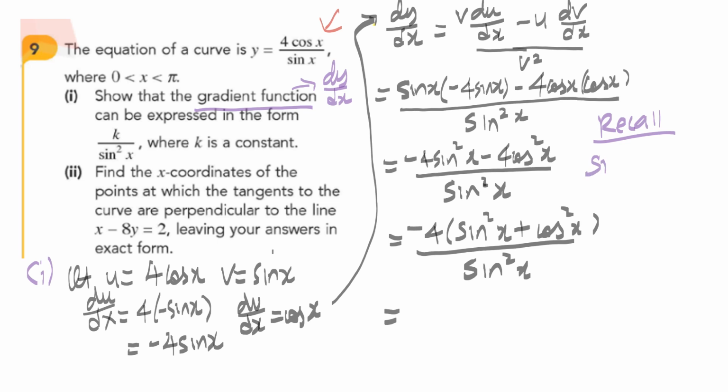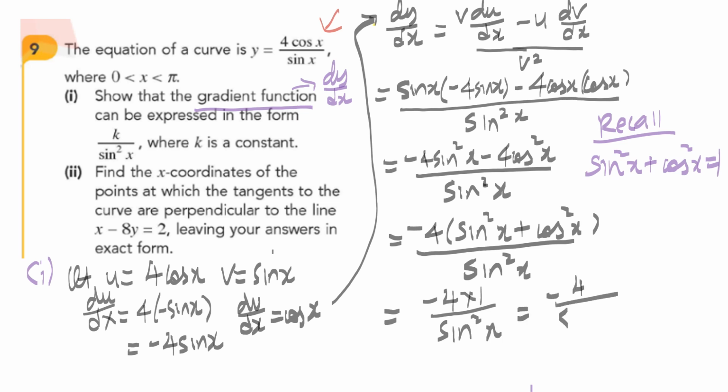One of them is sine square x plus cos square x gives you 1. So that will give you negative 4 times 1 over sine square x, which gives you negative 4 over sine square x. Okay, so this is exactly what you're asked to find here, where your k is negative 4.